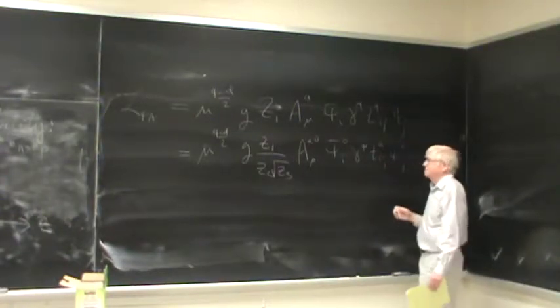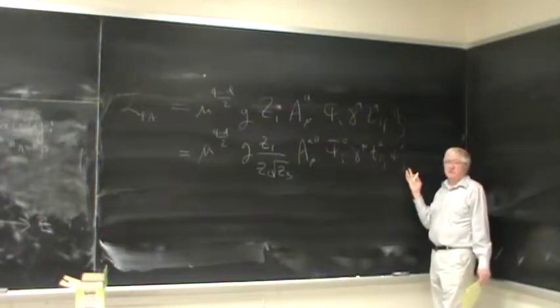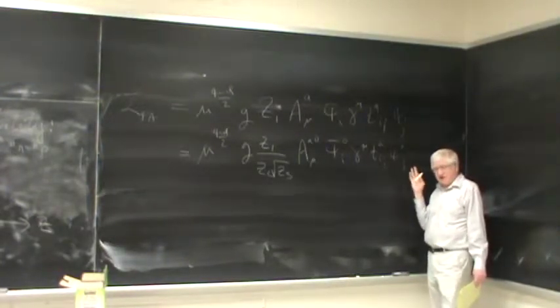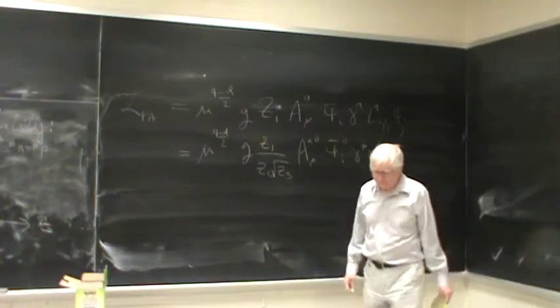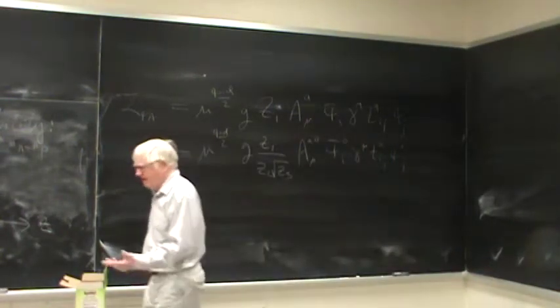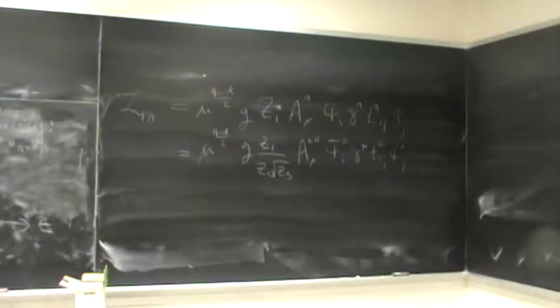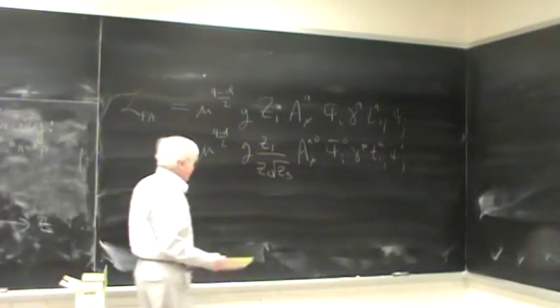So the idea is to write everything in terms of the fields that don't refer to any scale and haven't been renormalized, and these are all the ones with infinite interactions and so forth.